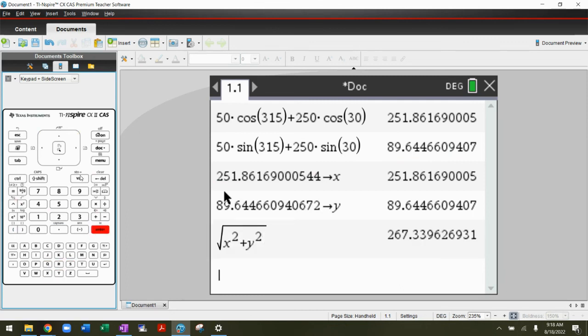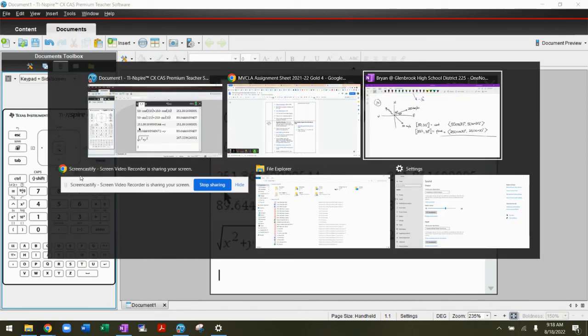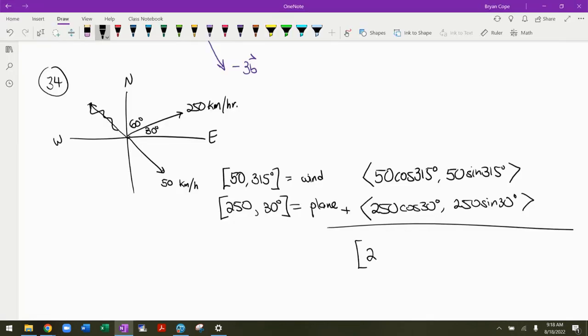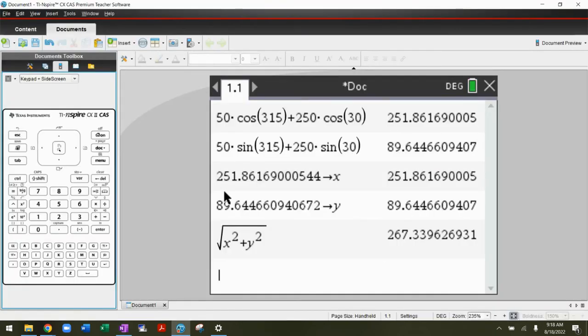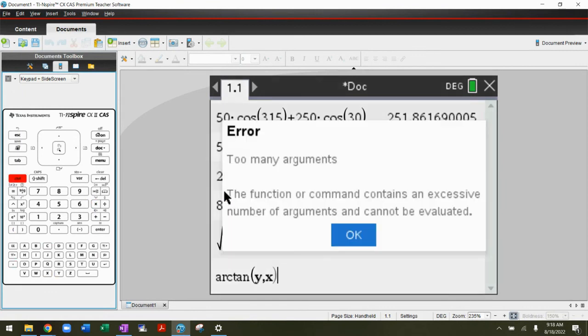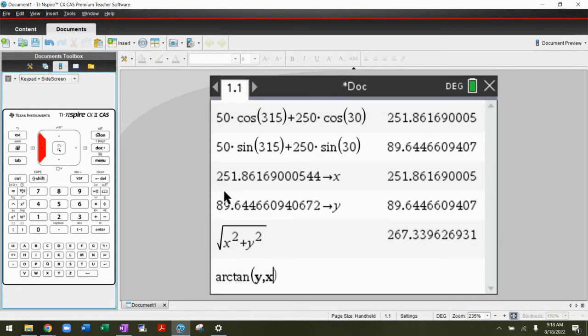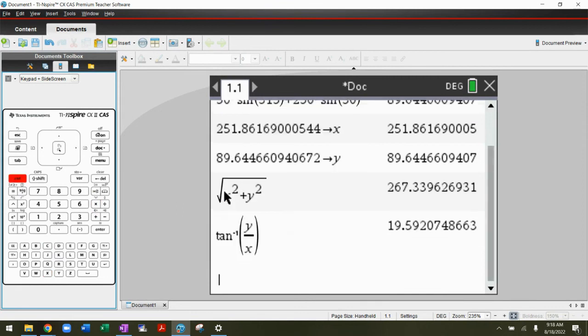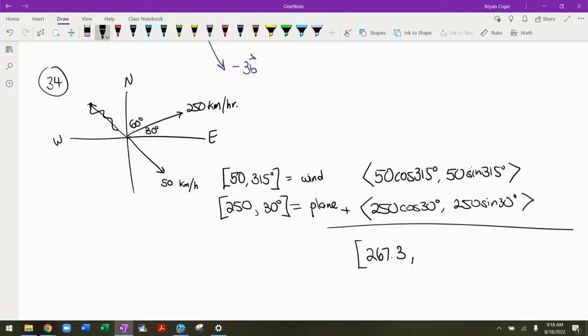That gives me a magnitude of 267.3. So that's my speed, and then my direction is going to be inverse tangent of y over x, and that gives me 19.59 degrees.